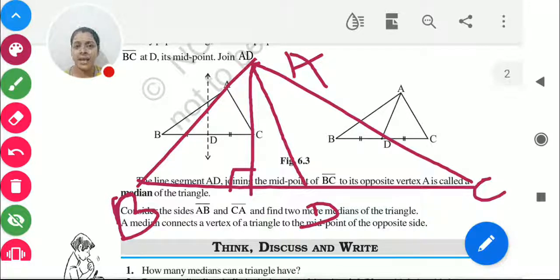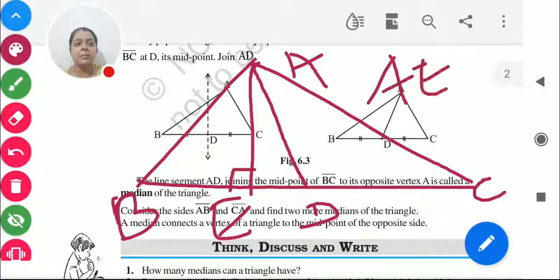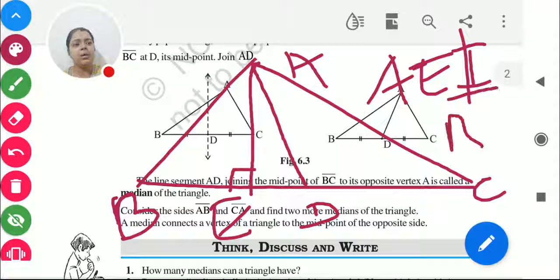From the vertex A, we can draw a number of lines on the opposite side BC. But the important thing here is there is one special line, that is AE. This AE is perpendicular to BC.